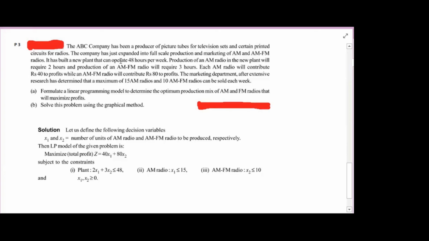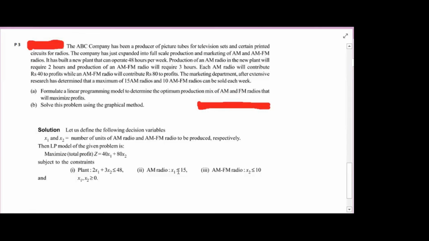How many hours do we have to operate the company? 48 hours per week. So 2 into x1. What is 2? 2 is the time in hours consumed in production of 1 unit of x1. x1 is the number of units of AM. So AM radio consumes 2 into x1 hours, and AM FM radio will consume 3 into x2 hours. And this total time 2x1 plus 3x2 should be less than or equal to 48 hours.